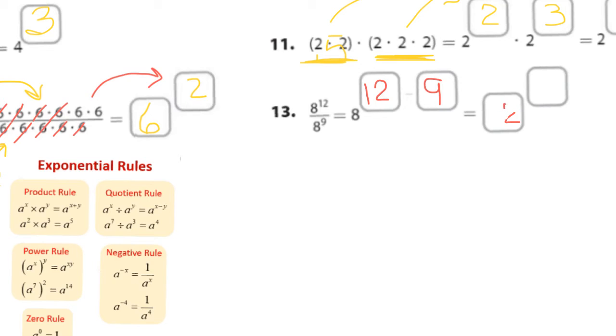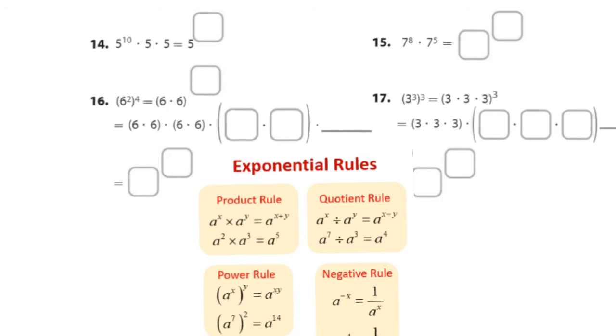That'll keep 8 as my base, and then 12 minus 9 gives me 3. And so the answer is 8 to the third. So try these 4 using the idea that we just had in the last 4, and then come on back and I'll show you what the answers are.